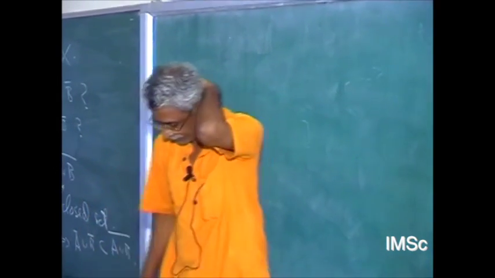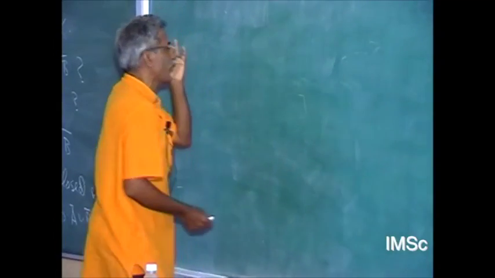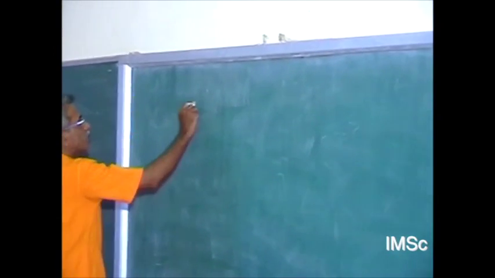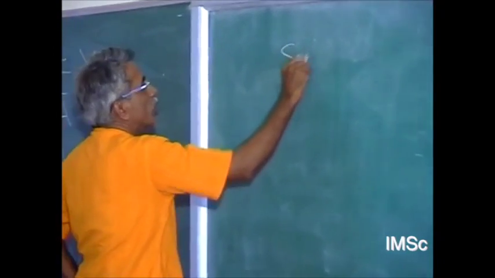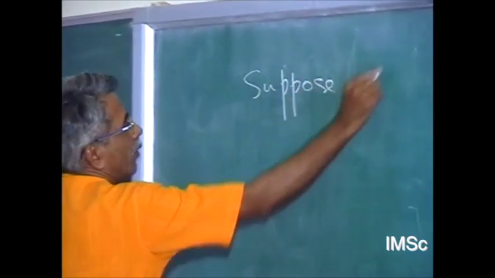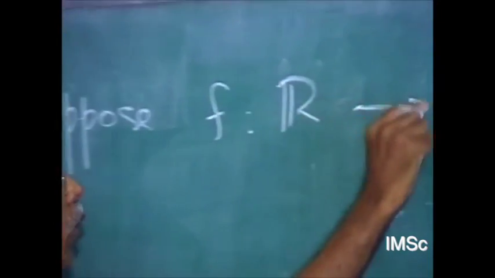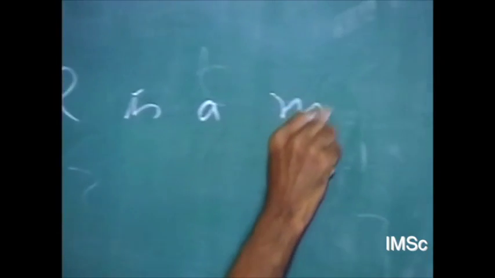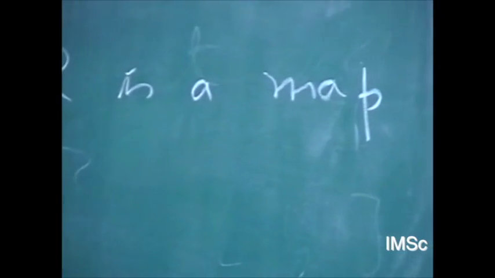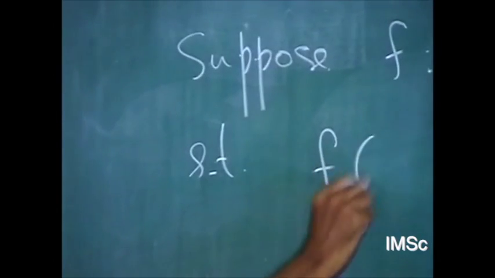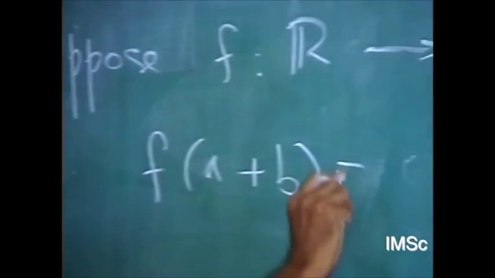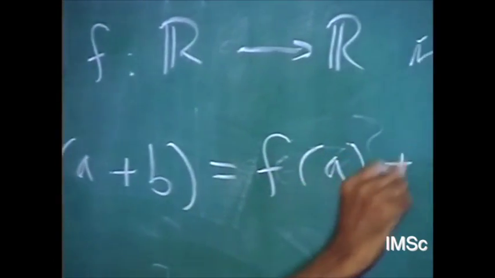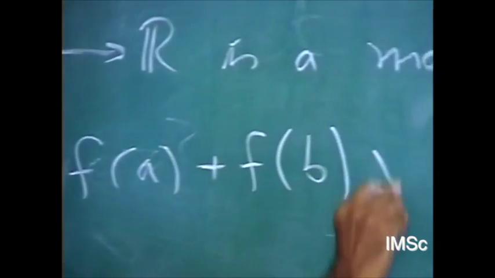So let us do the following thing. Suppose f from R to R is a map, a function, such that f of a plus b is equal to f of a plus f of b for all a, b.